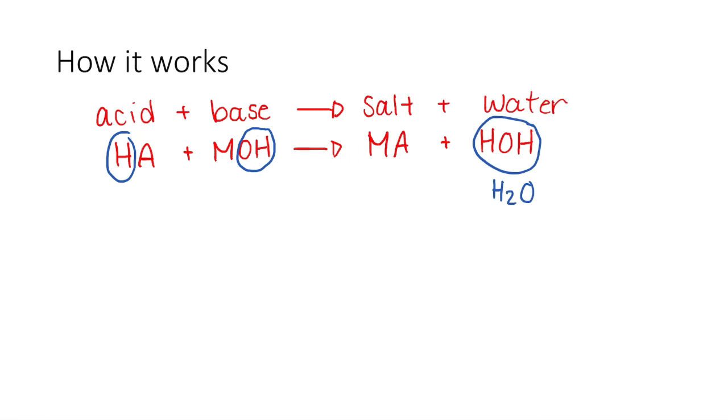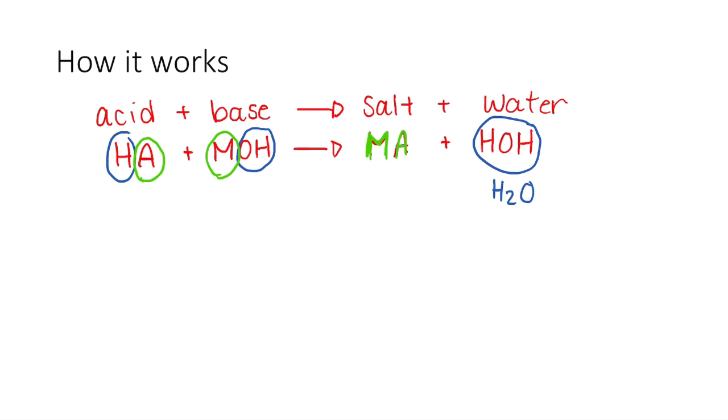The nonmetal from the acid, which is the negative ion, pairs up with the metal ion from the base, so that's positive, forming this M A. Okay, so that is how that process works.